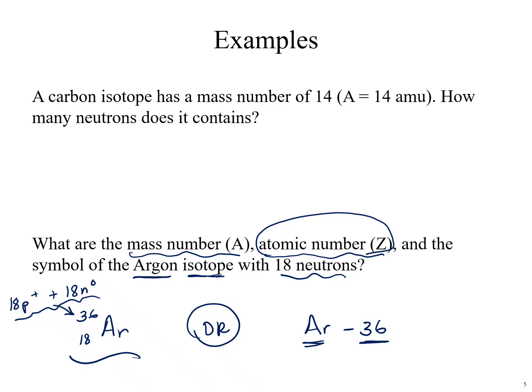If the problem is not asking you to find out or to write down the atomic number, then you can use the notation that I have on the right, because that is just telling you that you have the isotope of argon with a mass of 36, which is that isotope of argon that contains the 18 neutrons that you have listed in the problem.